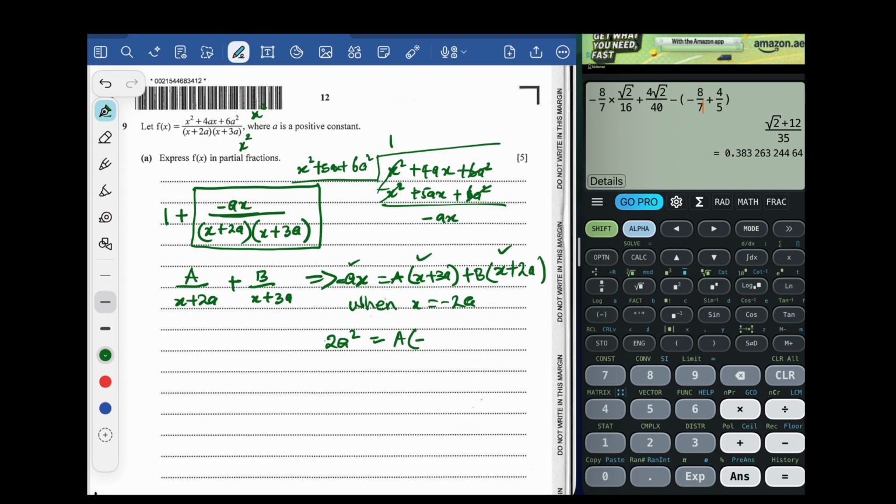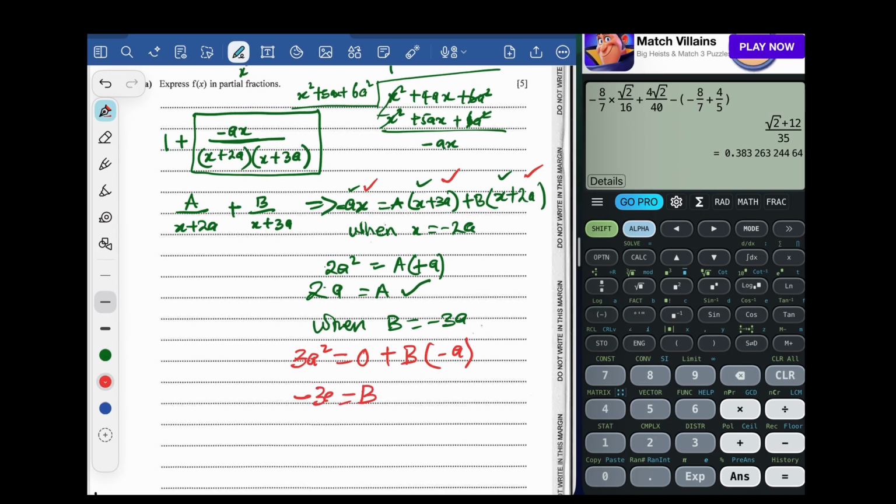a bracket minus a. So my a is equal to minus, let me see, okay, minus 2a, right? So this should be plus. How did I get minus? So this becomes 2a. So this is my a. Then when x is minus 3a, b is plus 3a.